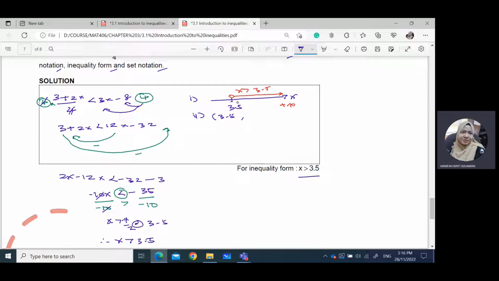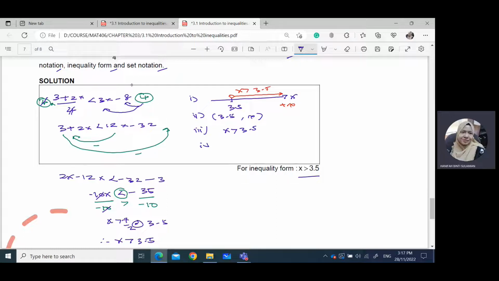So infinity, nombor yang paling besar dia adalah sebesar-besarnya. Jadi kita letakkan dia infinity. So this one is in interval notation. So next is inequality form. So in inequality form yang inilah: x is greater than 3.5.